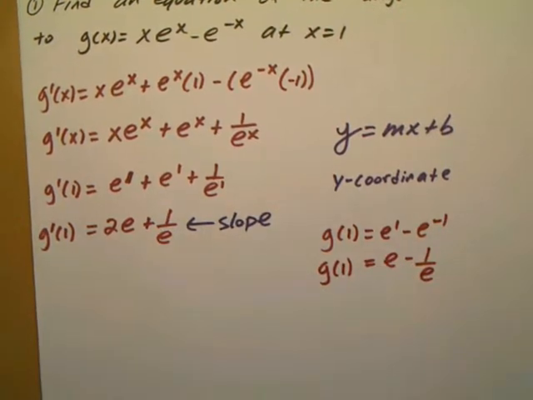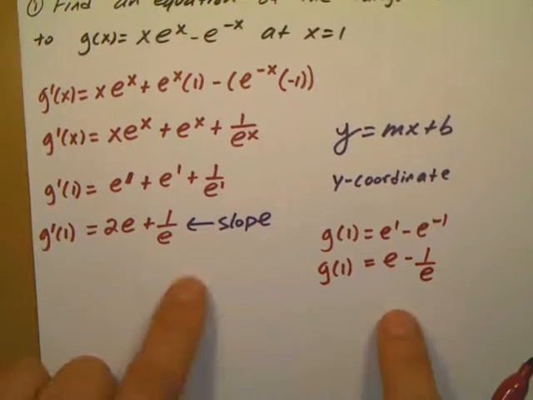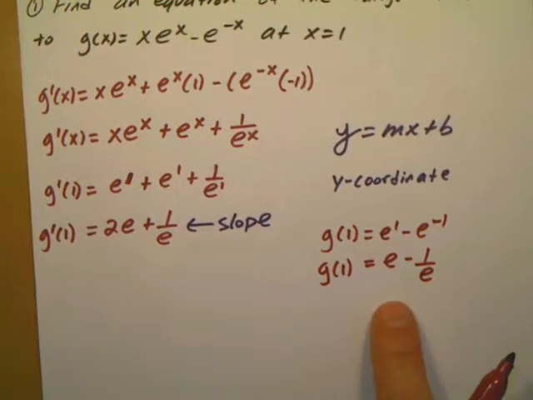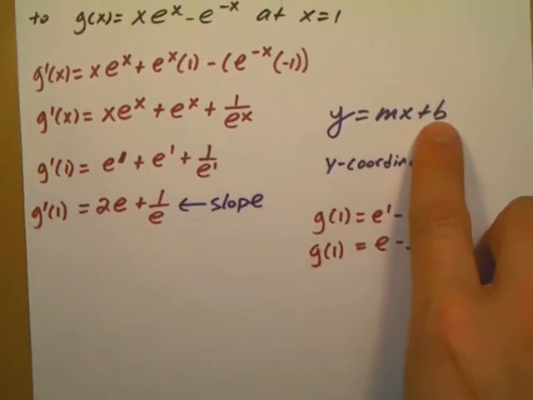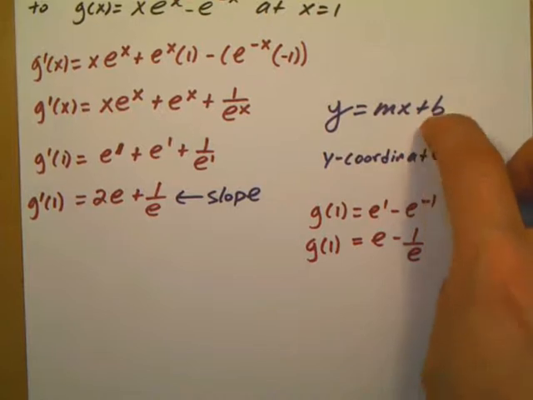So a whole bunch of e's and a whole bunch of 1 over e's for my slope and for my y coordinate. Alright, so the next thing is I need to plug it into the slope-intercept form to find my b, my y-intercept.